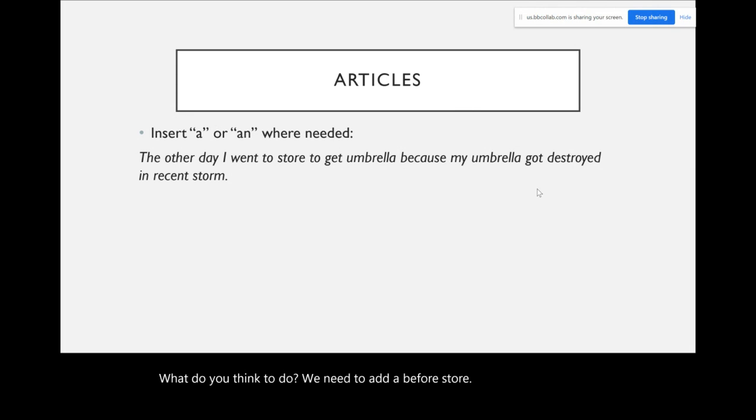Go to a store. An umbrella. So far we have a store, we have an umbrella. I think it's between in and reason. I have to put an a. In a recent storm. Yes. A recent storm. Okay.